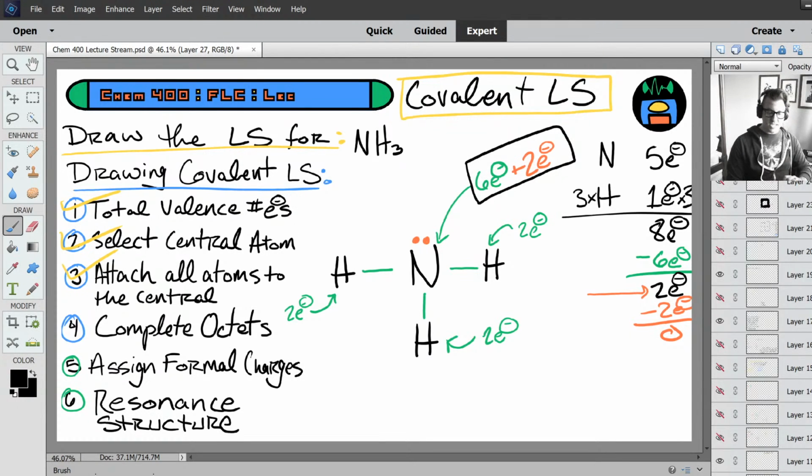So at this moment, every atom in this Lewis structure has 8 valence electrons and a full octet. All right, so we got step 4 completed. This is the Lewis structure for NH3.